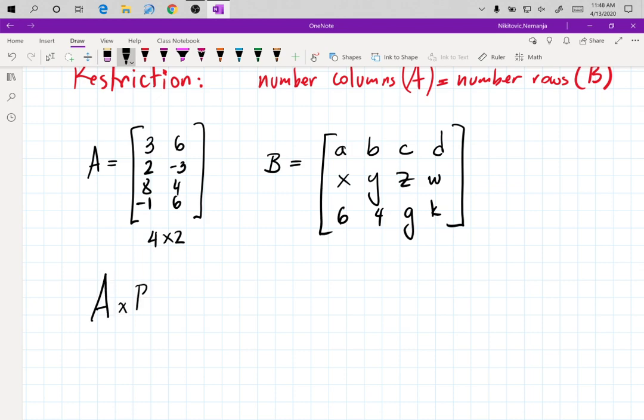A times B. Okay, so how does this work? Since this is 4 by 2 and this is 3 by 4, we see that these are equal.